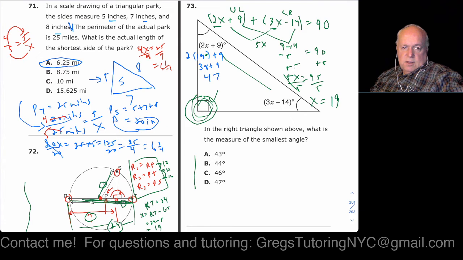And this is going to be 3 times 19 minus 14. All right, so if I did this right, this should be 57 minus 14, and that's equal to 43. And it is true that 47 plus the 43 will give me the 90. All right, so I believe I got the 2 angles right. And it's asking, finally, what is the measure of the smallest angle? Well, it's going to be 43 in that case.